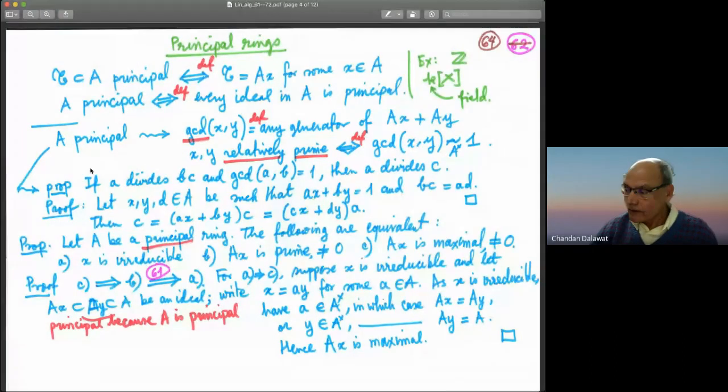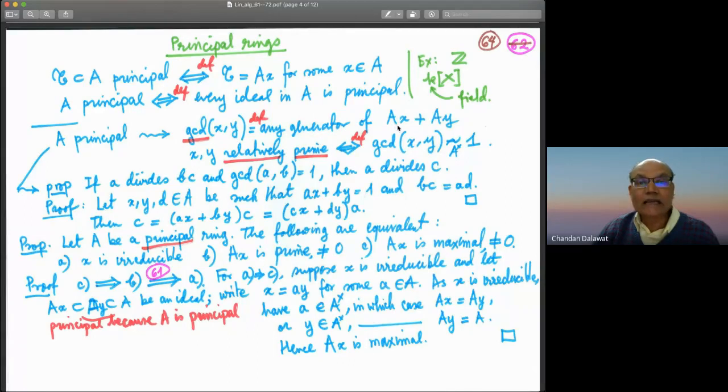Now, you are familiar with this notion of the GCD, or the greatest common divisor of two integers. This notion doesn't make sense, or rather, the GCD of two elements need not always exist in an integral ring. But if the ring is principal, then the GCD always exists. So you just define, in the case of a principal ring, the GCD of two elements x and y as follows.